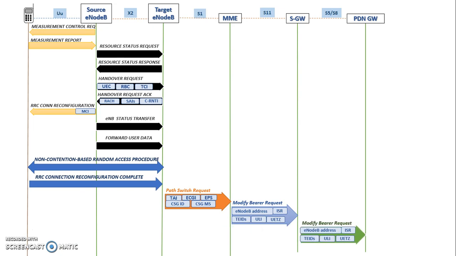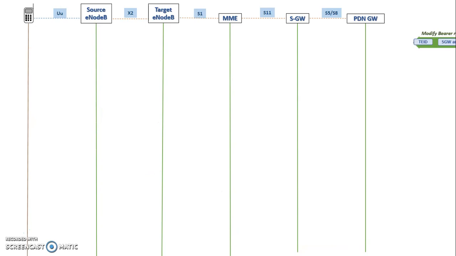The same message in step 11, which is the modify bearer request message, will be forwarded to a PDN gateway to be used for charging purposes over the S5/S8 interface. The PDN gateway will respond with a modify bearer response message including the TEID and serving gateway addresses.